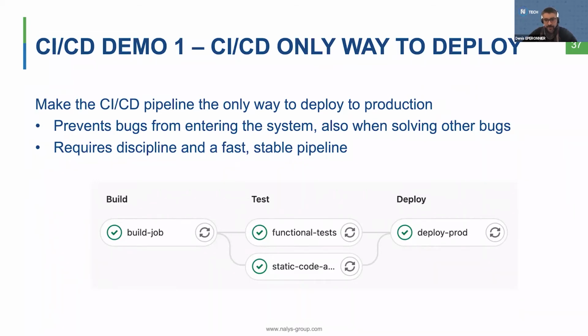While we could think about bypassing to go fast and fix a bug, doing so might also prevent some tests from happening, and we may actually have regressions and more bugs in the end. Of course, it requires some discipline and also a fast, reliable and stable pipeline to operate. But again, by keeping the CI/CD as the only way to deploy, you can be sure that everything is checked at all times, and that you limit the amount of regressions and bugs that you introduce.